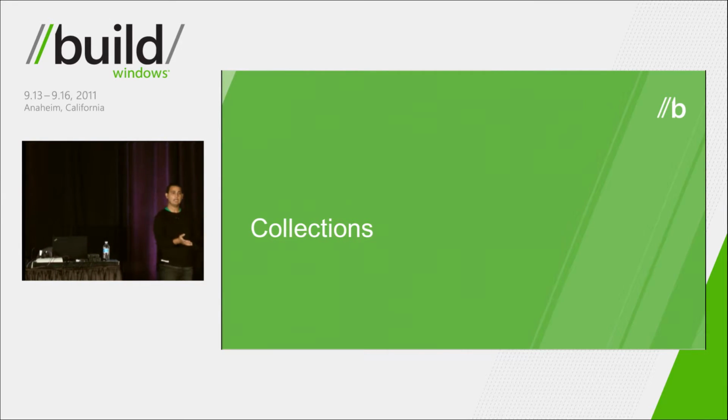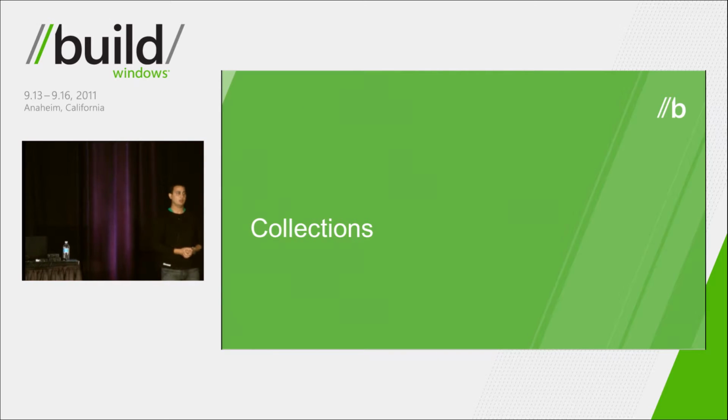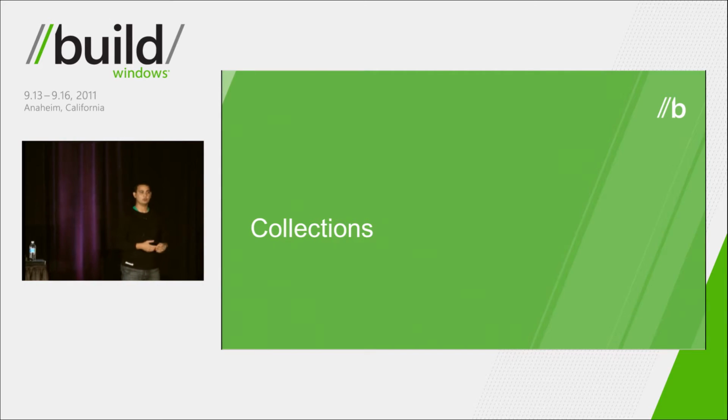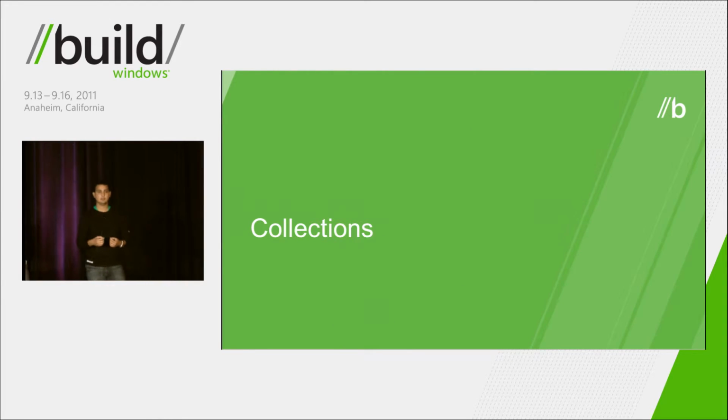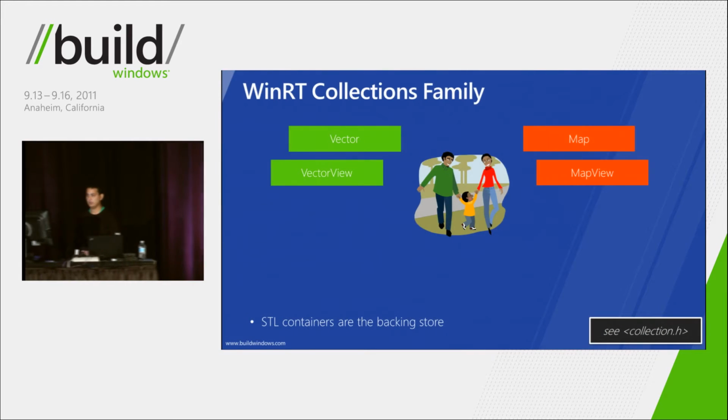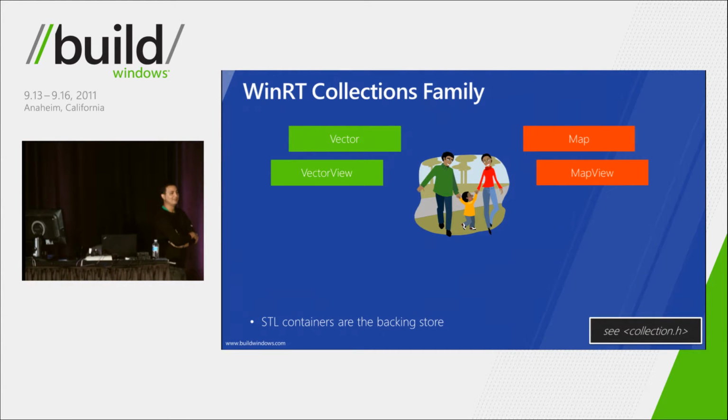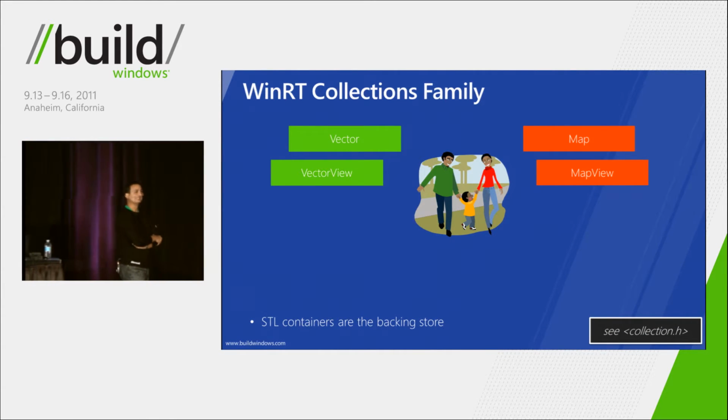So when we created WinRT types, several of the APIs wanted to, for example, take a vector or take a map. So we went and created some types that basically match to these. What we created was the following family, a little family of what we call the WinRT collections.